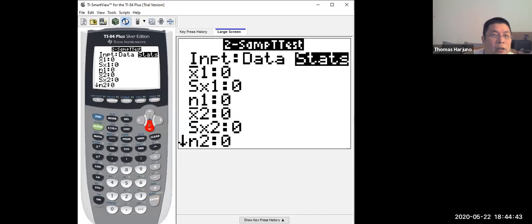Now then, my x1 bar is 21.57. My sample standard deviation for the first sample is 3.87. And the sample size for the first group is 43.